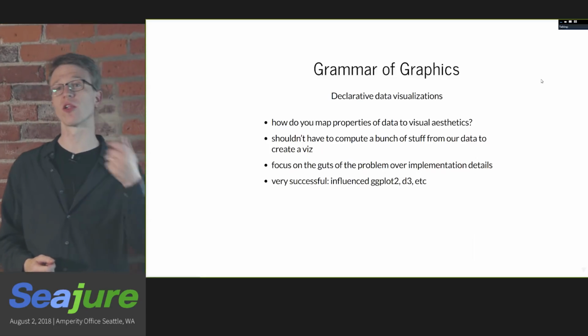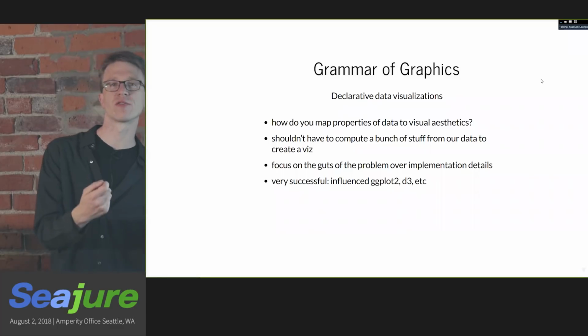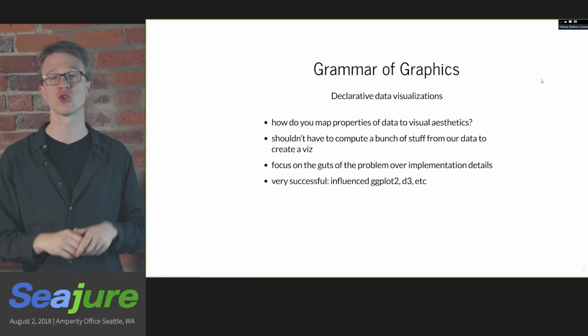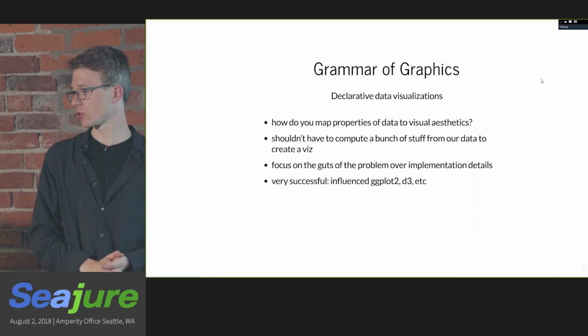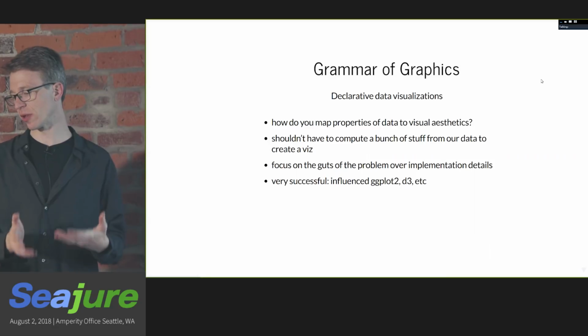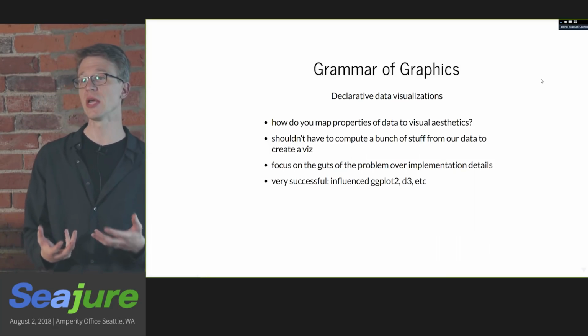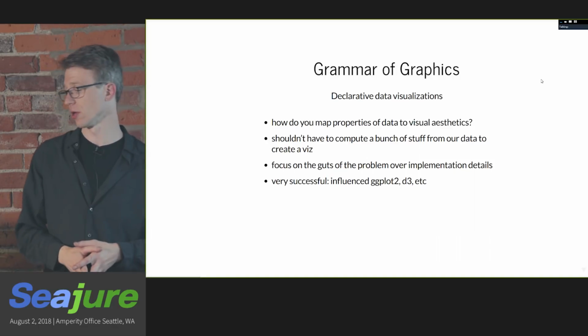So if you want to color by some property in the data, you shouldn't have to be sort of writing some imperative code that goes and pulls out all the colors and computes some stuff. You should just be able to say color by this variable, right? So this really lets us focus on the guts of the problem of data visualization and not have to worry so much over implementation details.